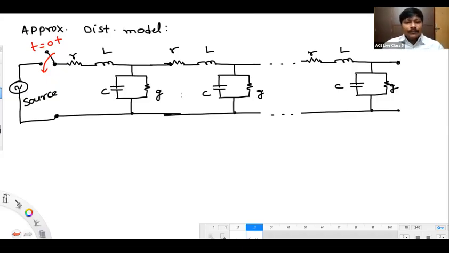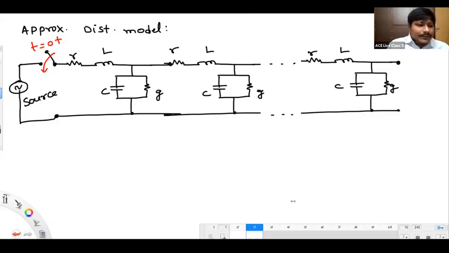I'll say both voltage and current waves are going to be released onto the transmission line and propagated towards the receiving end side. After reaching the receiving end, there may be a change in the voltage and the currents.